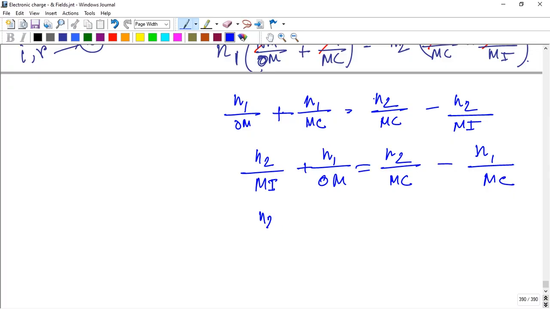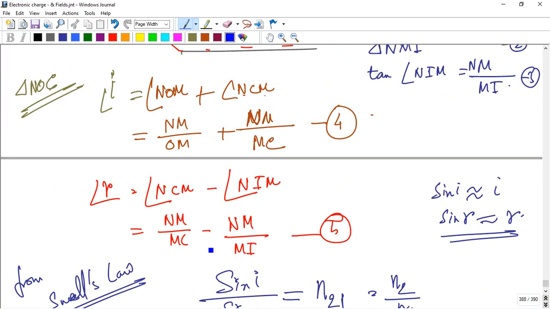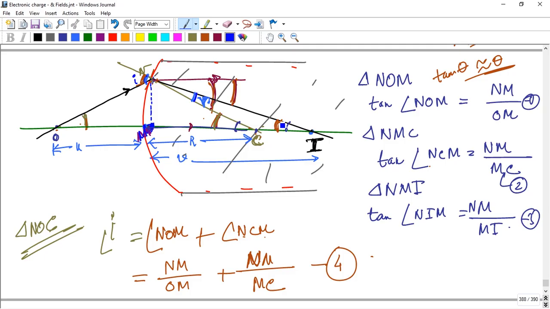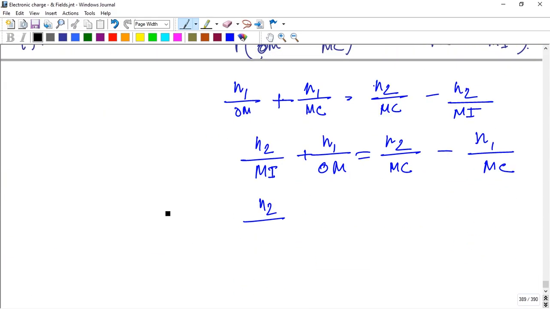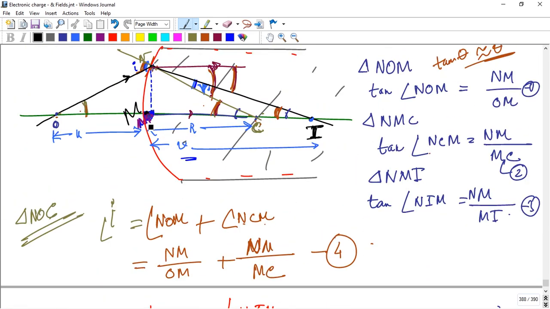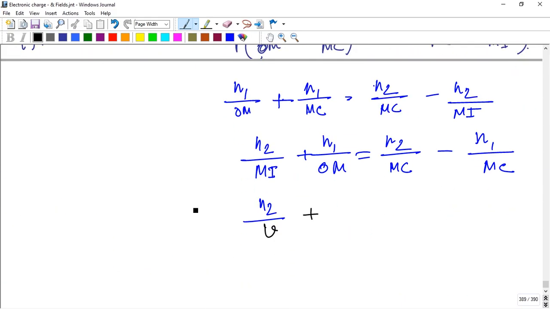MI means V, because this point M is the vertex. And OM means U. So N1 by U, and 1 by MC is common, that is N2 minus N1.